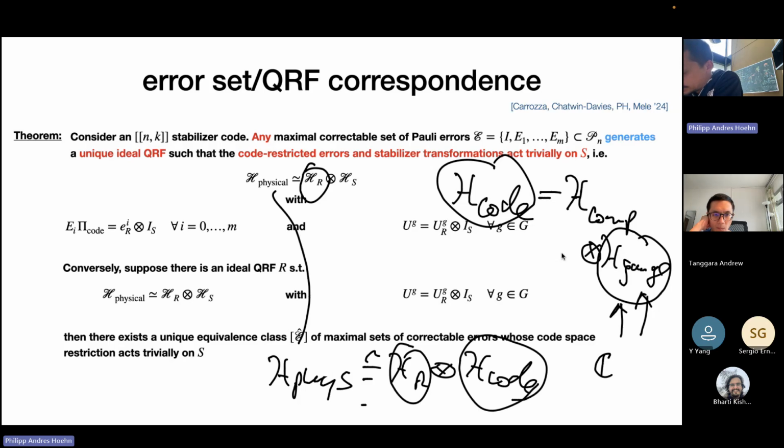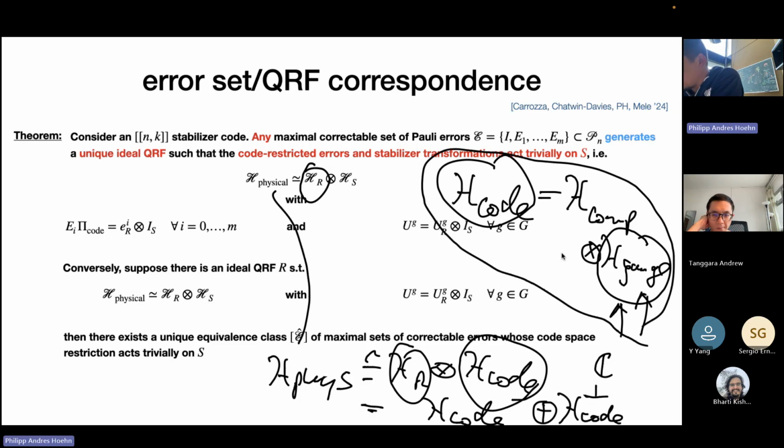That's interesting when you contrast it with H code direct sum H code perp, which is another way to factorize. But with subsystem codes, you're asking about a different structure, where the H code itself factorizes in non-trivial ways, and that doesn't appear to be the case here in these stabilizer codes.